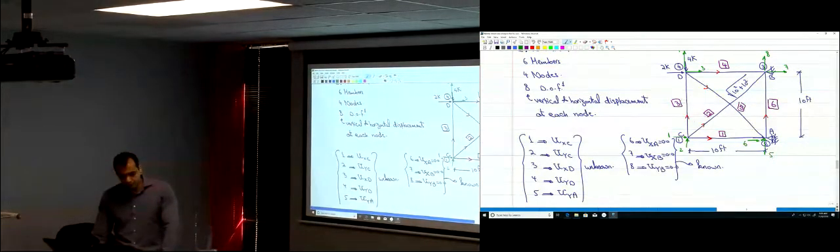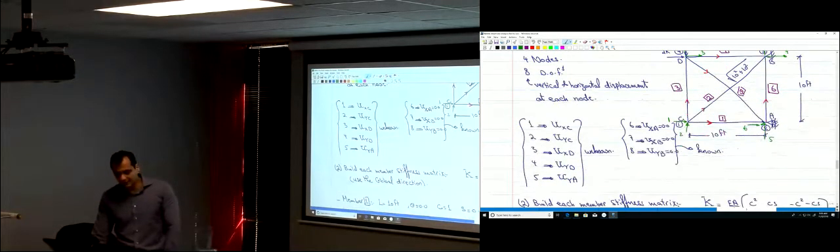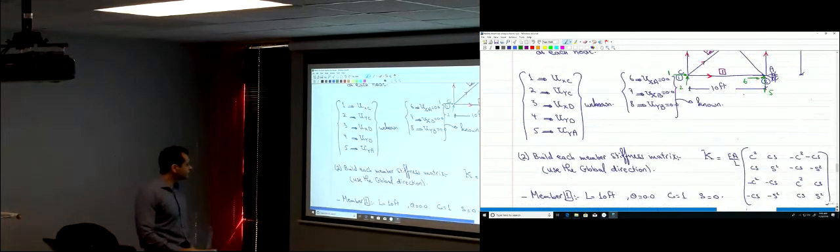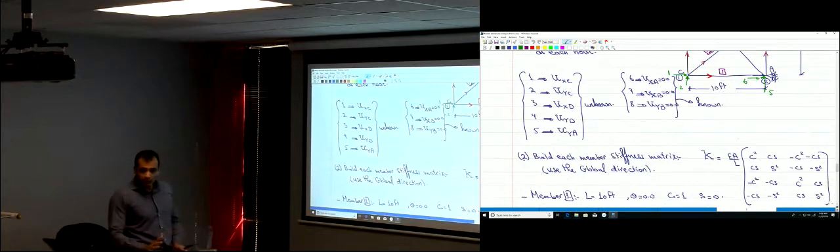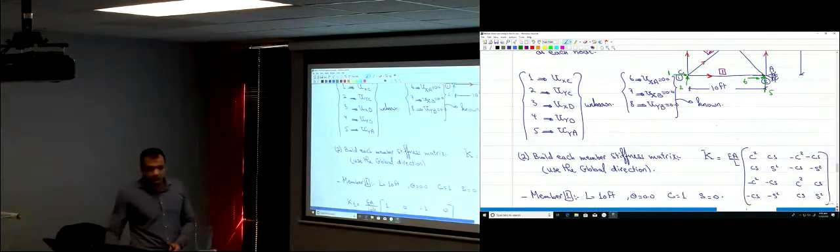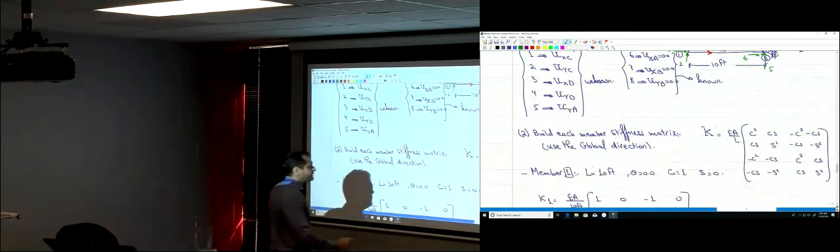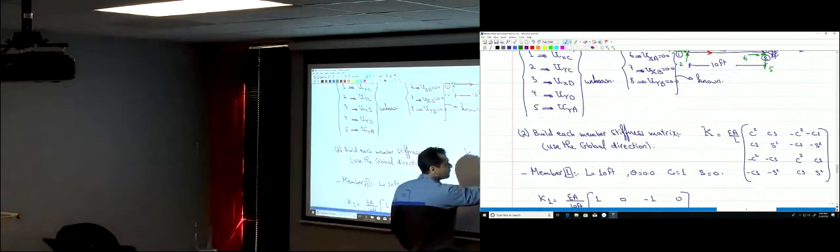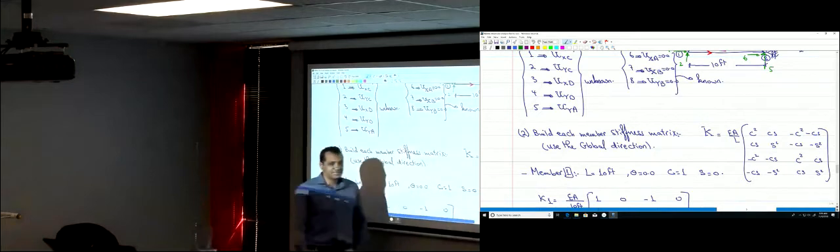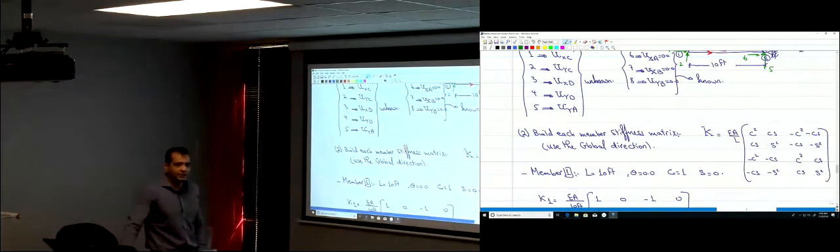And then the second step is building each member stiffness matrix in the global direction. Okay? So K, the stiffness matrix of the element in the global direction, is EA divided by L multiplied by this coefficient matrix with C and S. What is C and what's S? C is cosine of the angle theta between the global x-axis and the local x-axis of that member.